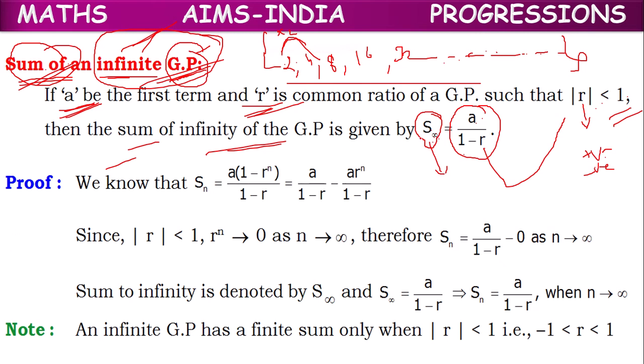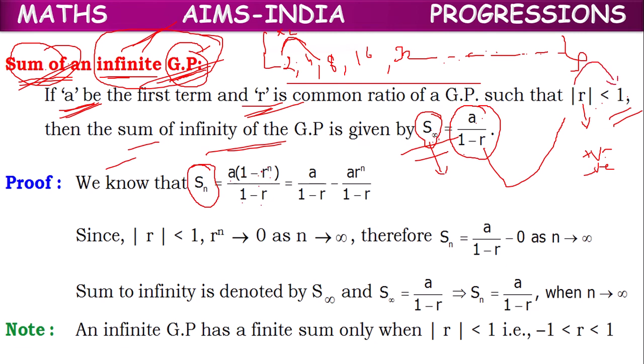Actually, before finding S infinity, we have the normal formula for Sn, the sum of n terms, which is a into 1 minus r power n by 1 minus r. But here r is less than 1.